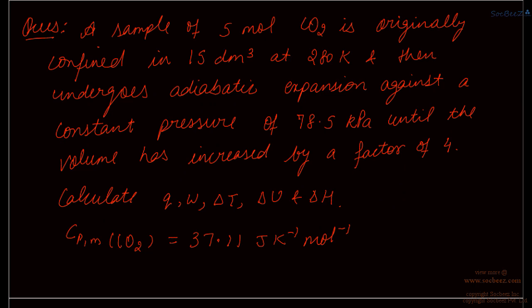Calculate Q, W, delta T, delta U and delta H. The value of CPM for CO2 is 37.11 joule per Kelvin per mole.